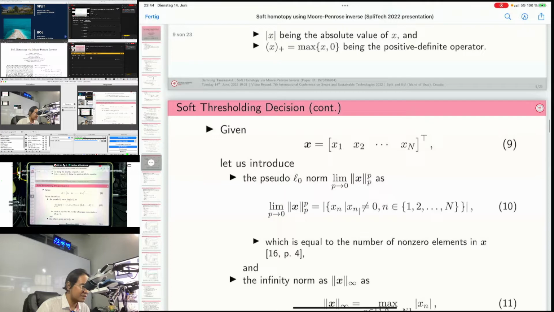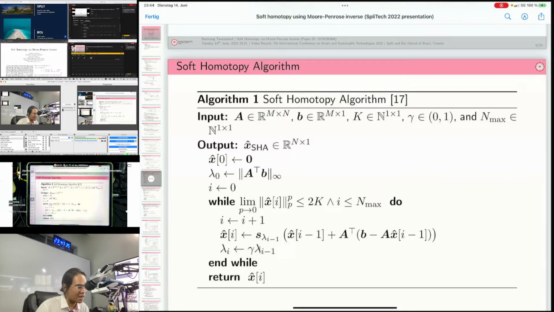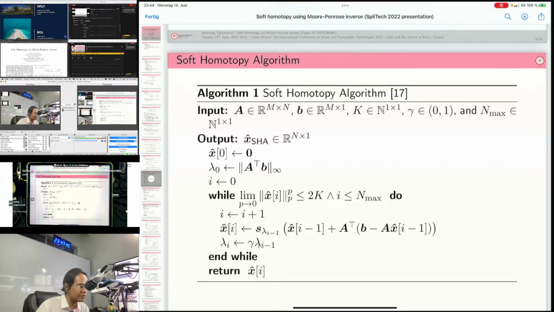The soft homotopy algorithm is the method that uses soft thresholding as described before, and it is the result of x plus the gradient of the least squares criterion, followed by soft thresholding with threshold value lambda, and gamma is the scaling, or shrinking, factor.